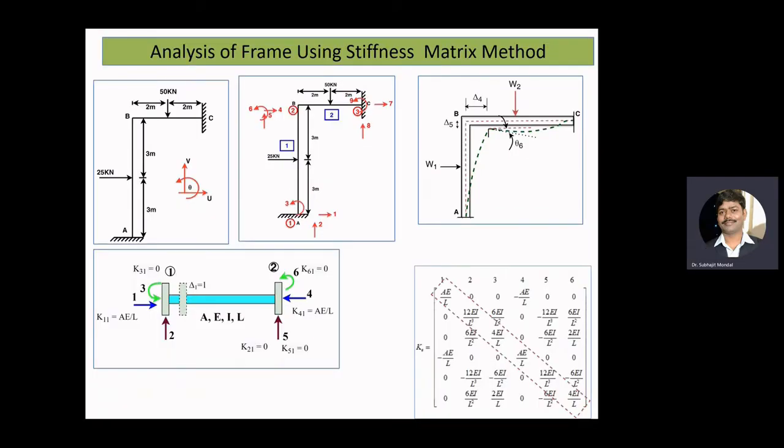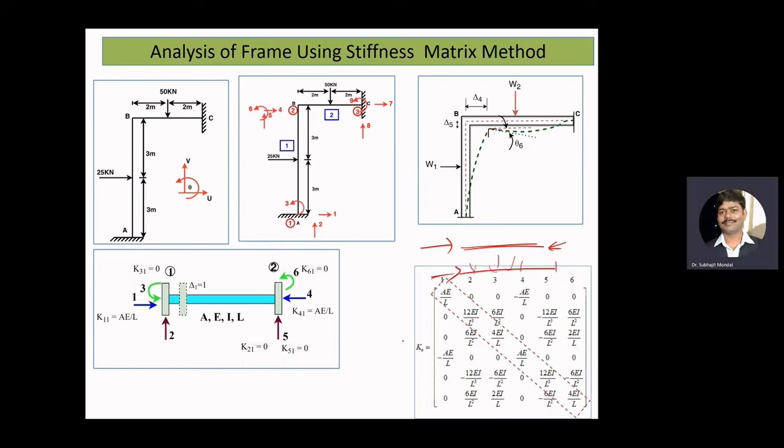Now we have learned that a truss can carry axial force. A truss we design such that it can carry only axial force, and a beam we design such that it can carry the deformations due to bending.